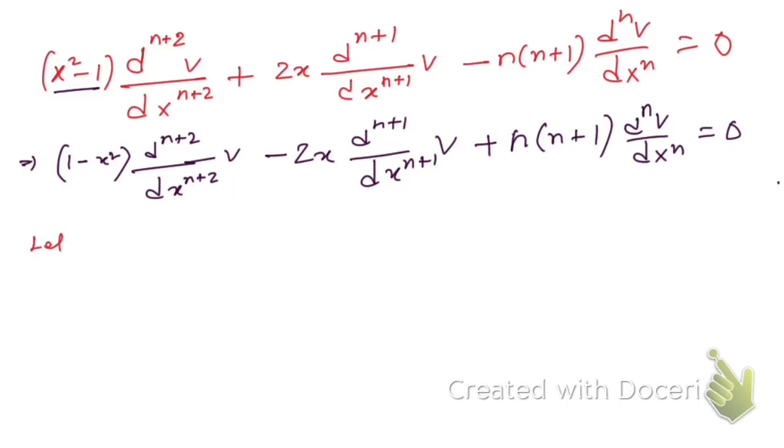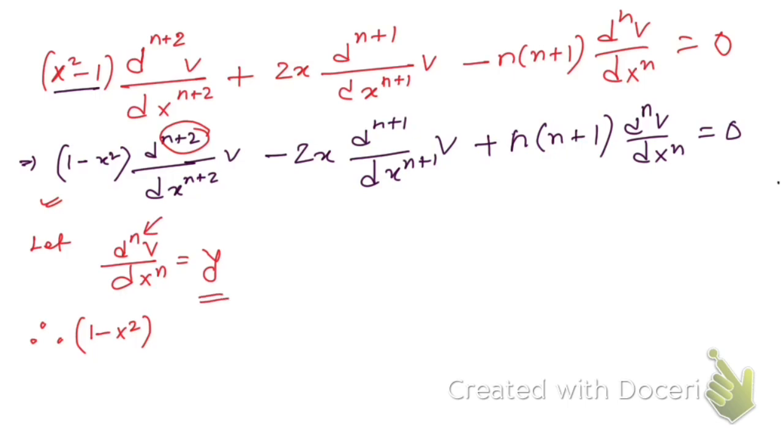So let me write, let the nth order derivative of v with respect to x be y. Therefore this equation can be written as 1 minus x square. Here the order is n plus 2 and the nth order derivative of v is y, so we can replace it by the second order derivative of y with respect to x, minus twice x.